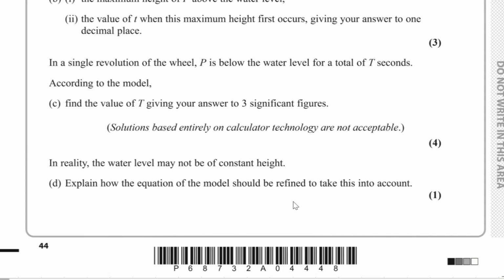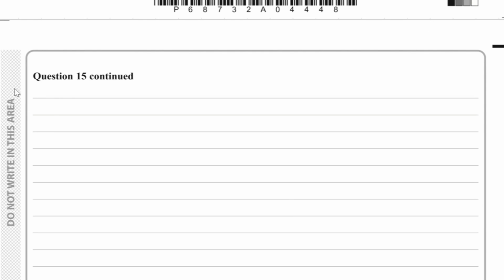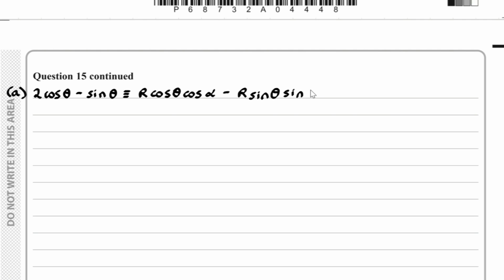So, for part A, we've got 2 cos theta minus sin theta, which is equivalent to r times cos theta cos alpha minus r sin theta sin alpha.